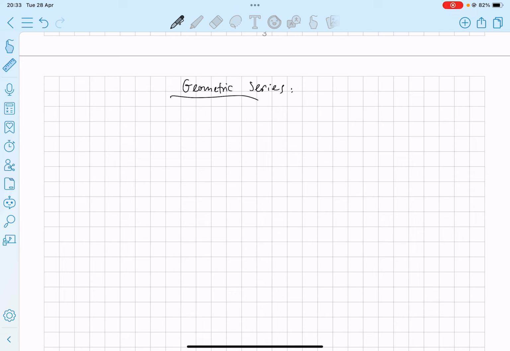So first we're talking about the sum s sub n of the first n terms of geometric theory.